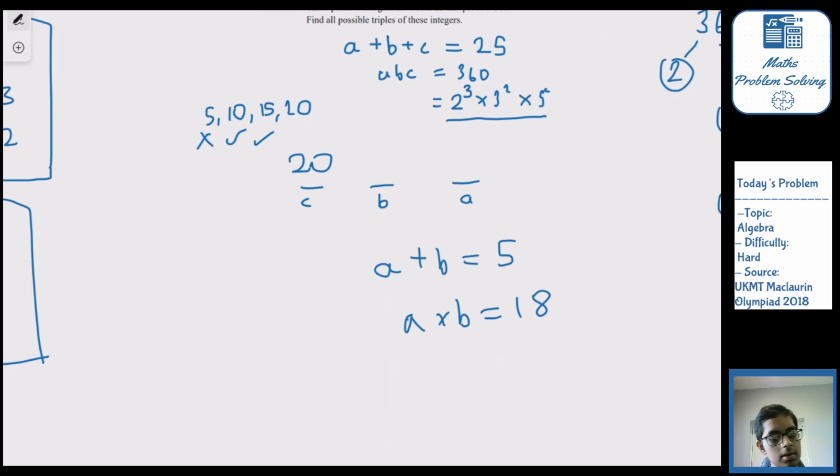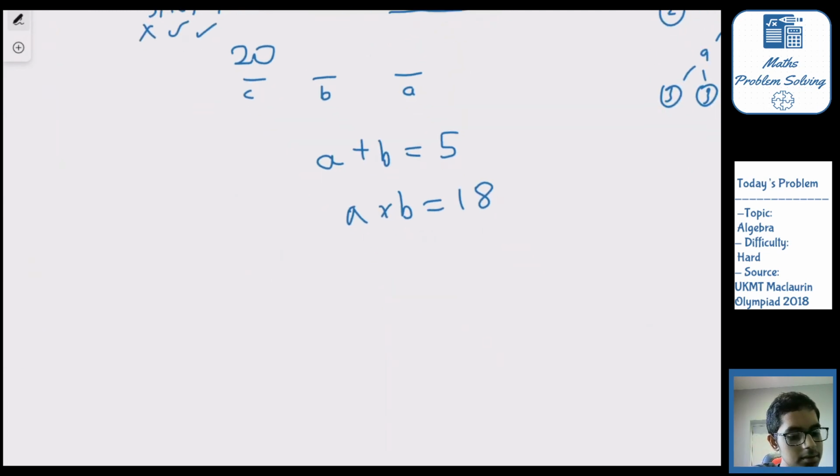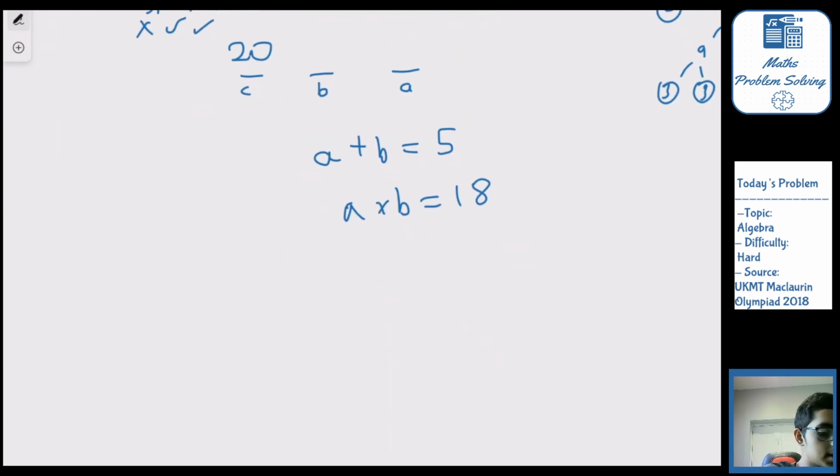Okay, so we don't really need to solve this. We don't need to put this in terms of quadratics, since it's quite clear that no two numbers will add to give 5 and multiply to give 18, but just for completion, let's write this like this. Plus 18 equals 0. Now this quadratic will have no integer solutions, therefore 20 will not be a valid solution.